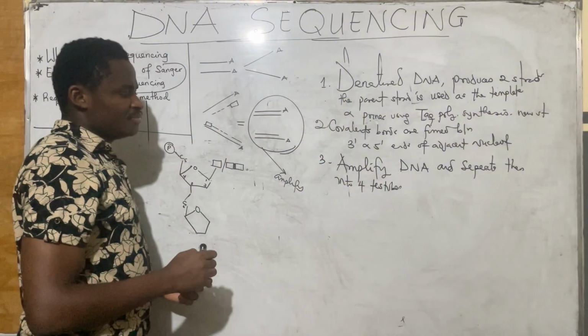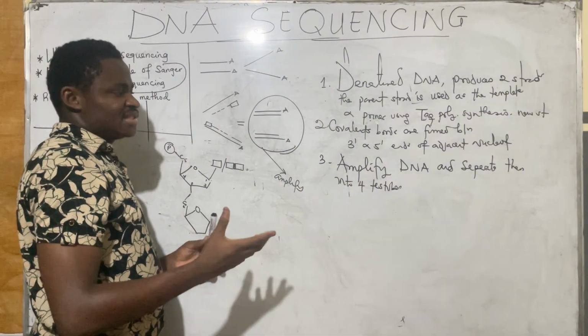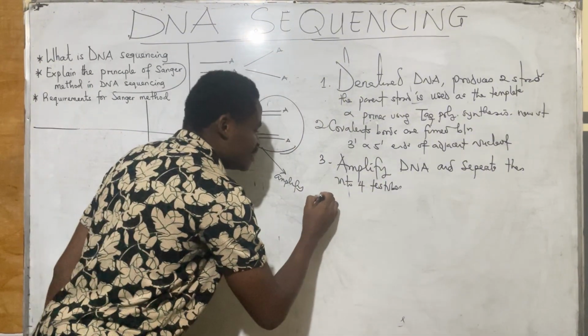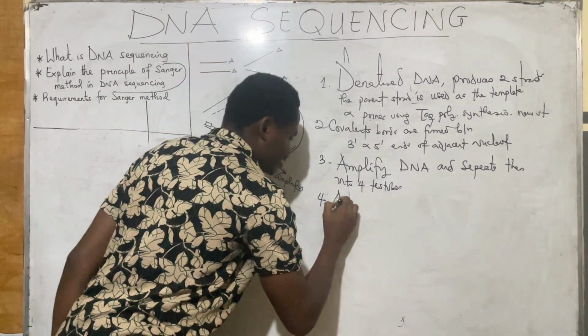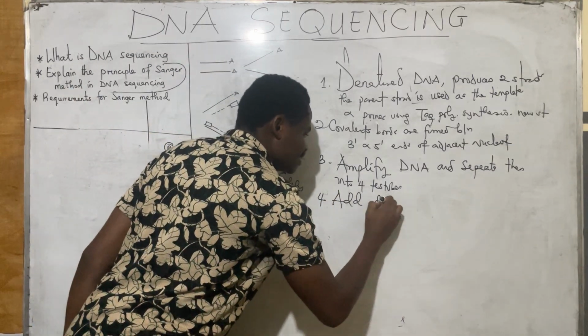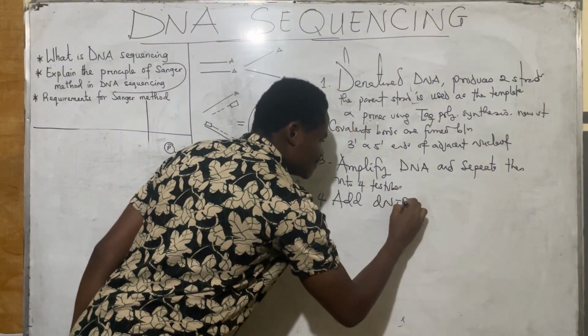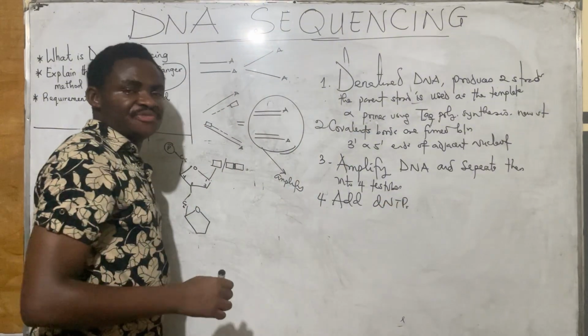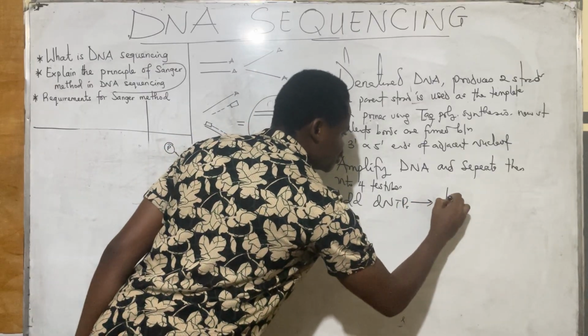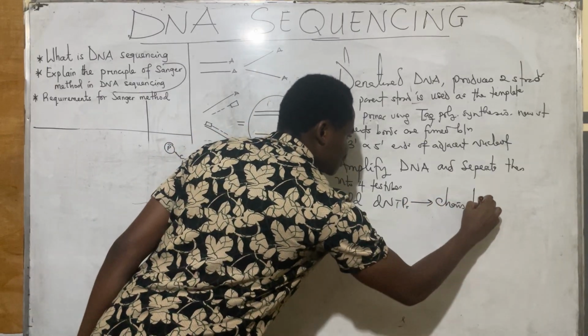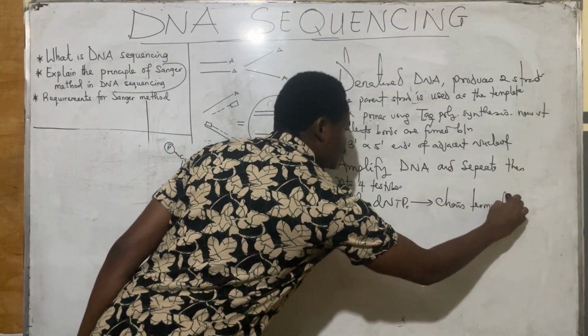Okay, now what becomes of that? So after amplifying DNA and separating them into 4 test tubes, the fourth point should be that in each of those test tubes, add a ddNTP and dNTPs. Now, what do ddNTPs do? Their function is that they will cause chain termination.